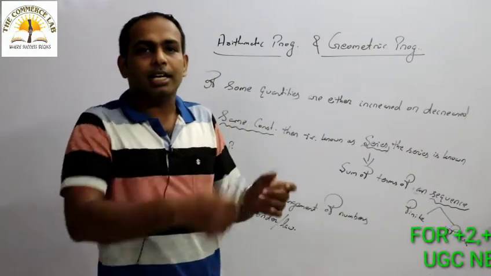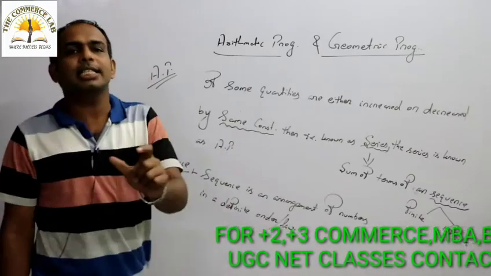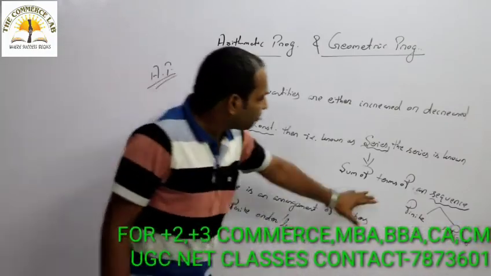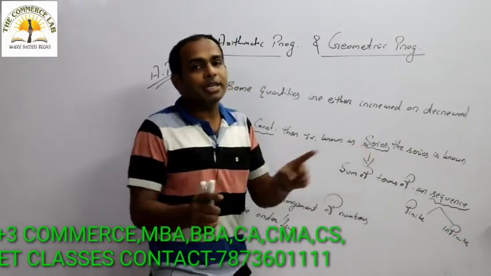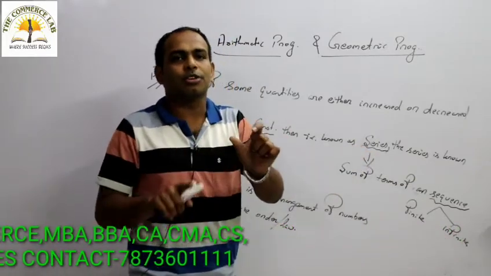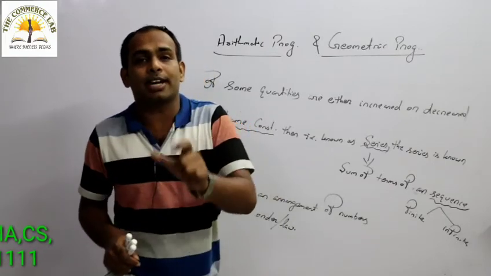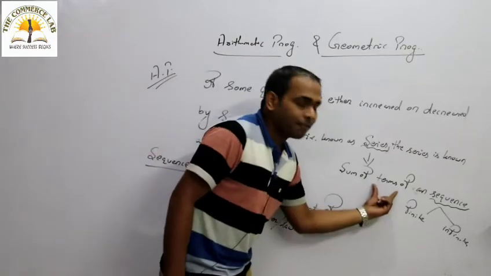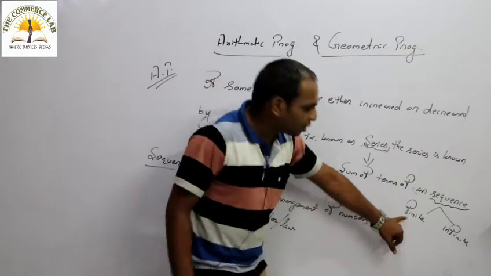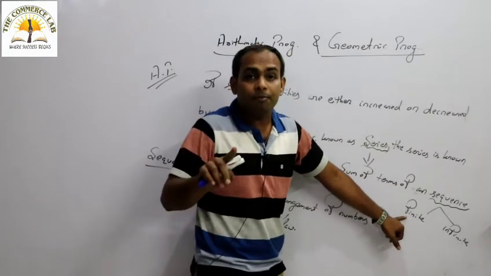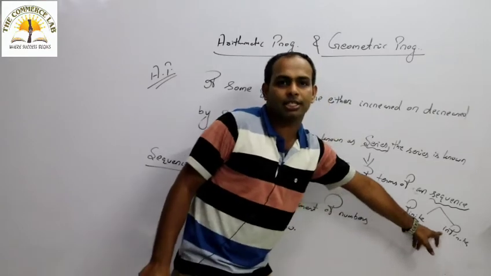The series is the sum of terms of a sequence. Sequence is of two types, finite and infinite. If the number of terms is finite, it is a finite sequence; if infinite, an infinite sequence.